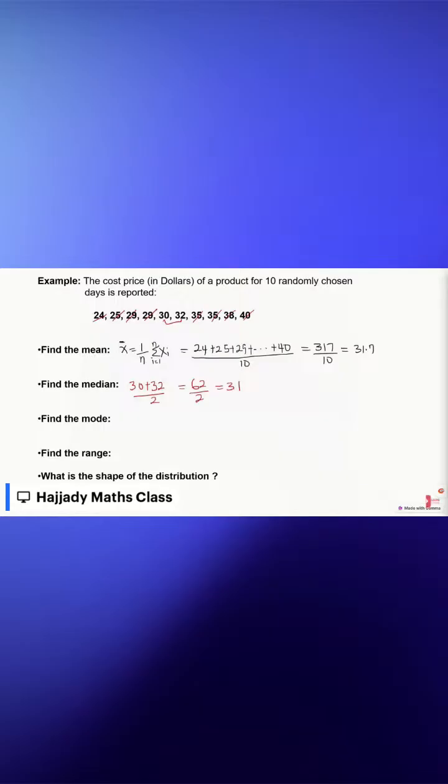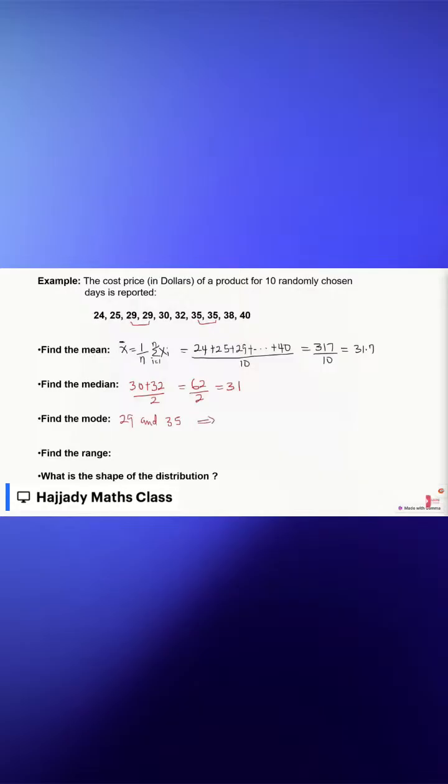The next is to find the mode. From the definition, the mode means the most occurrence. Looking at this, 29 appeared twice and 35 appeared twice. Other values appeared once. So the modes are going to be 29 and 35.